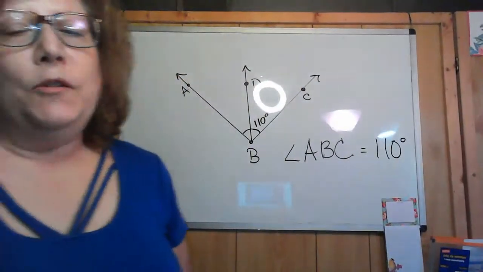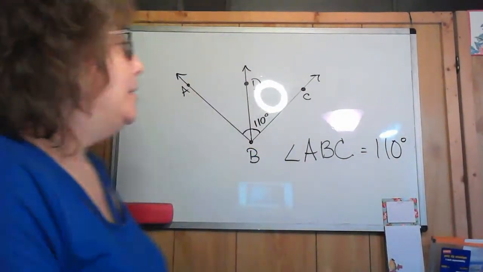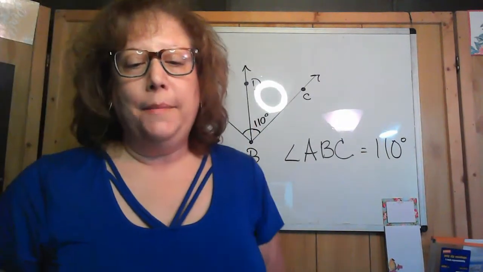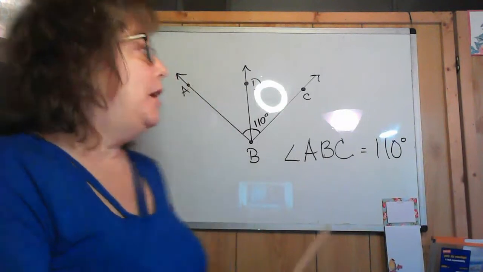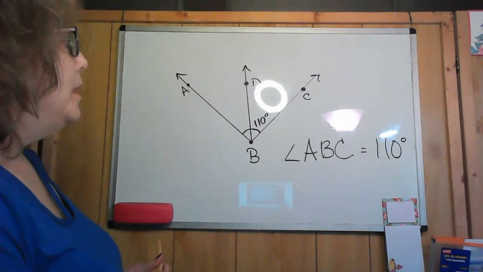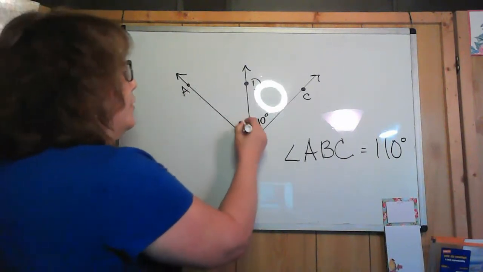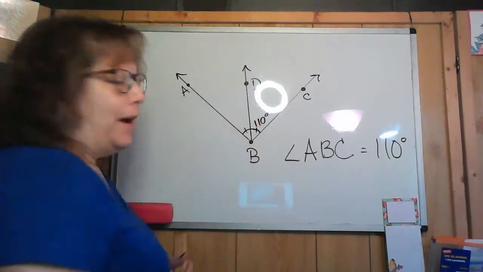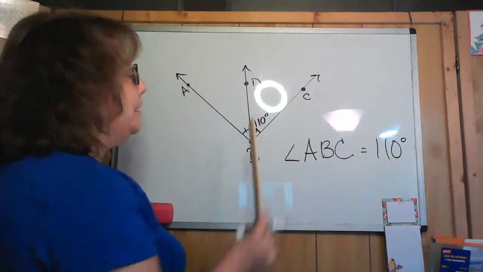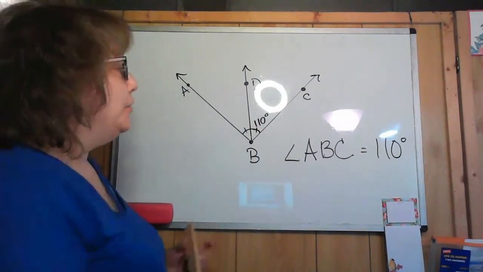Now, what they want to find out is what each one of these individually measure. And because we know that this is an angle bisector that is cutting straight through, we know that they are going to be congruent. I'll put the little symbol that indicates they are congruent.